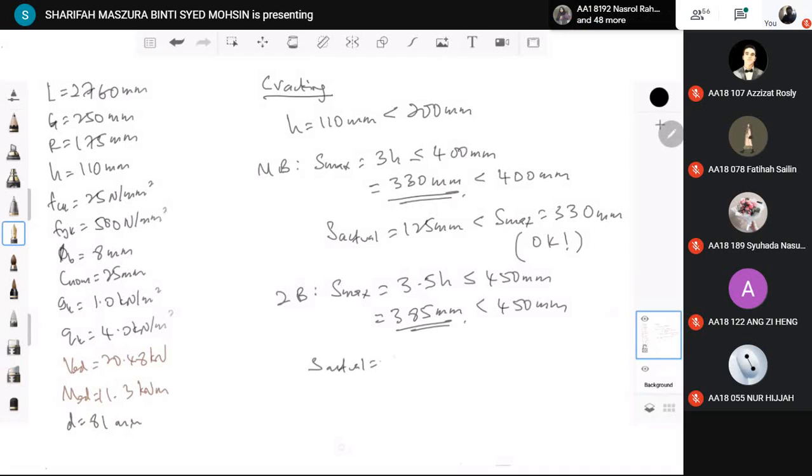As actual provided is 300 mm, which is lower than maximum spacing. So again, okay. So checking for cracking for both the main reinforcement and secondary bar, but last is to sketch the arrangements of the reinforcement. You can try to sketch it first.